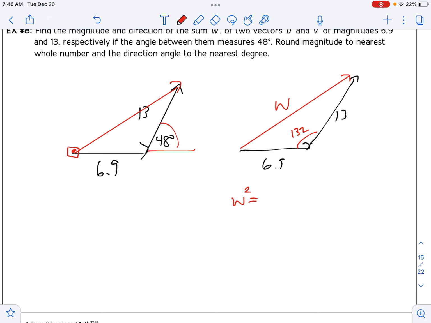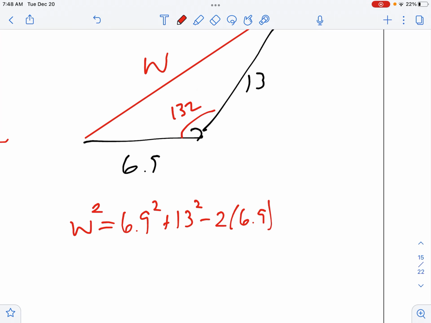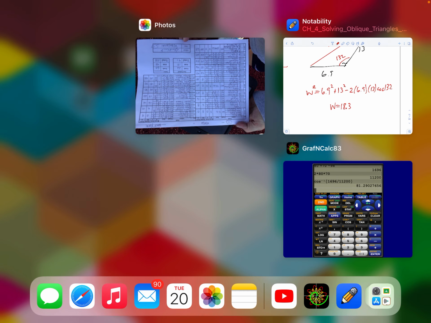So W squared equals 6.9 squared plus 13 squared minus 2 times 6.9 times 13 times the cosine of 132. You can type all that in at one time, and square root your answer, and you should get 18.3 units, but let's do it just to make sure.